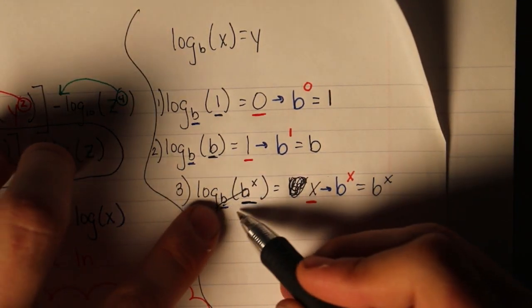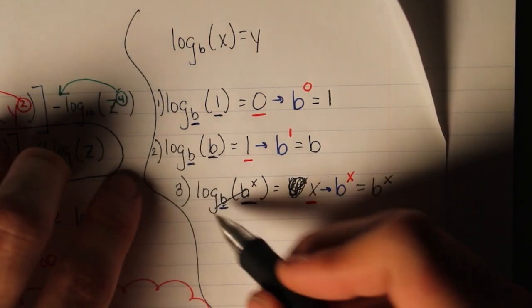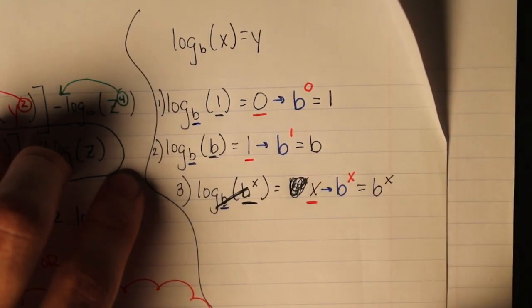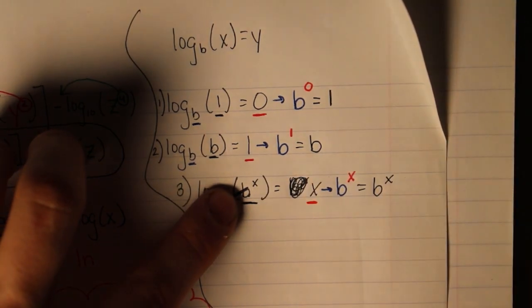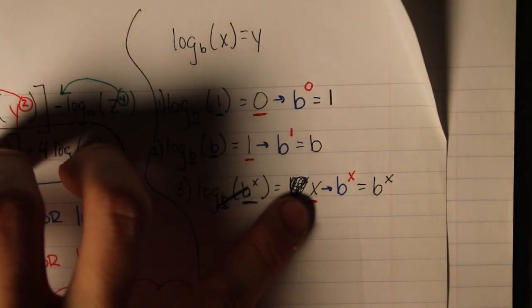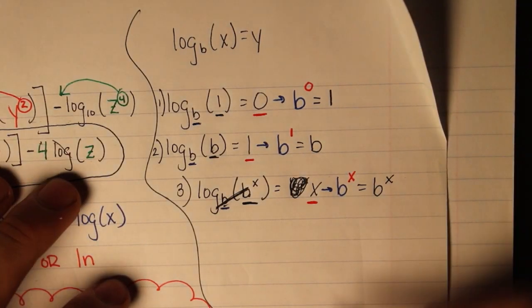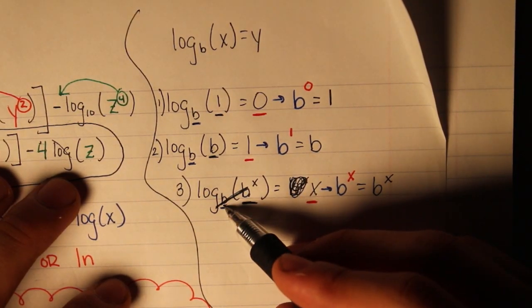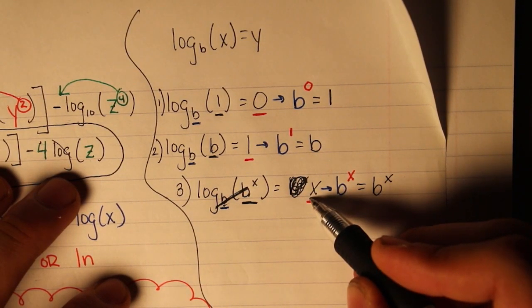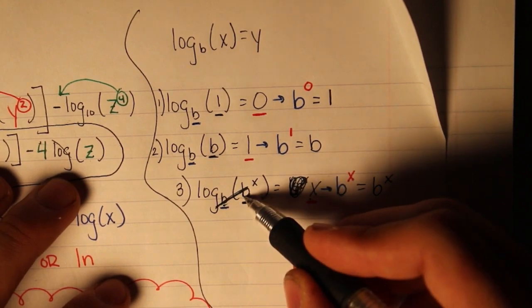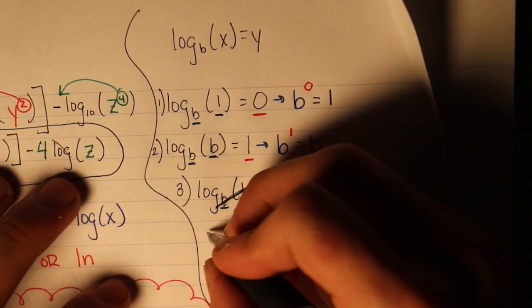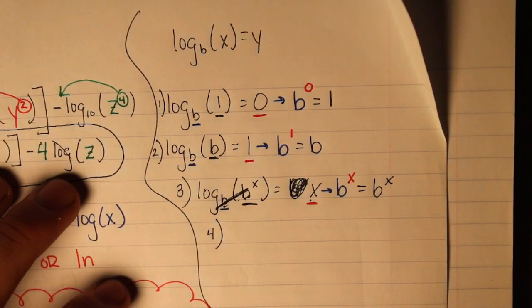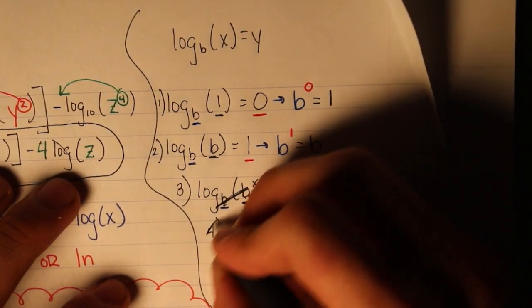If our base and our x value are the same, they cancel out and you're left with just your exponent as the answer. Okay? Base b to the x power is equal to b to the x. That's all that's saying. And number 4, our last one, this is the one that tripped everybody up.